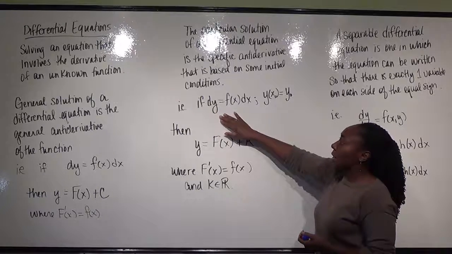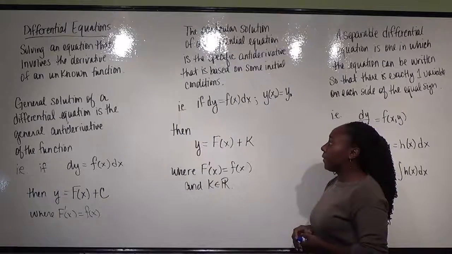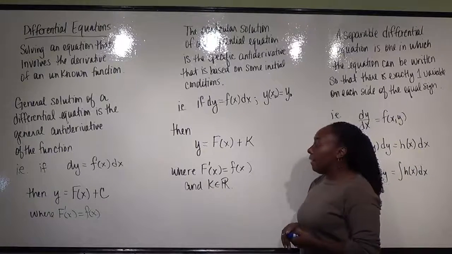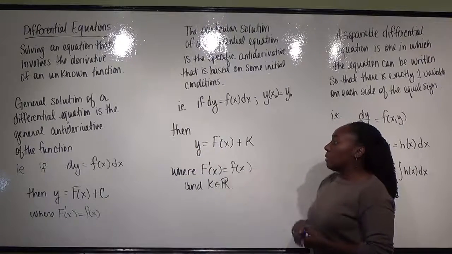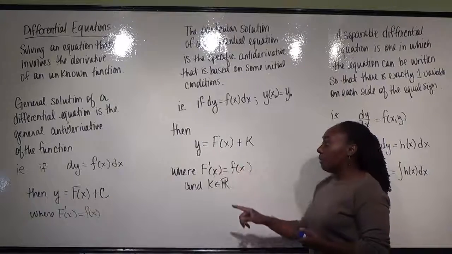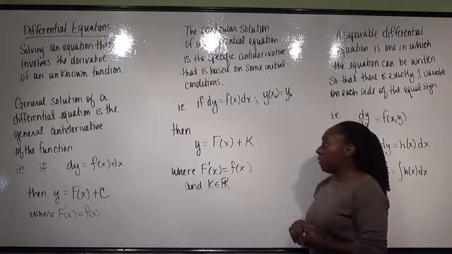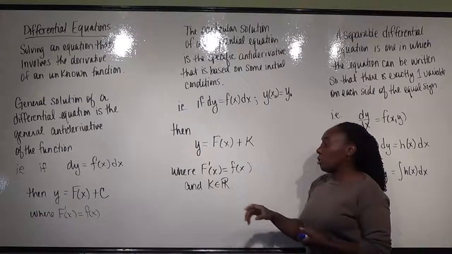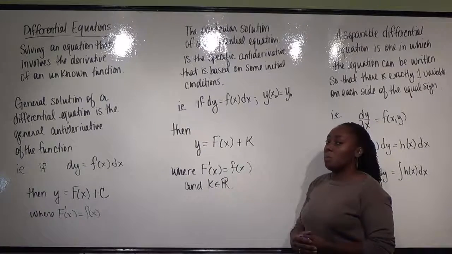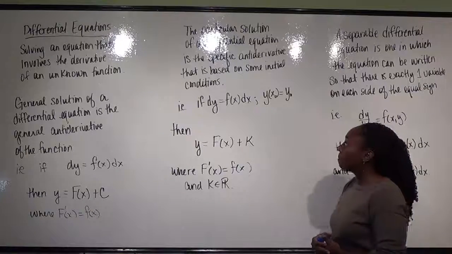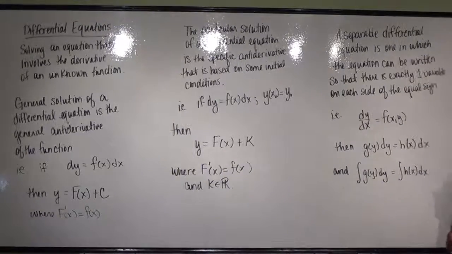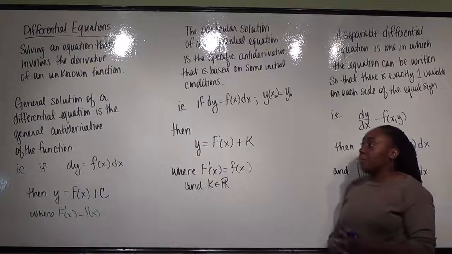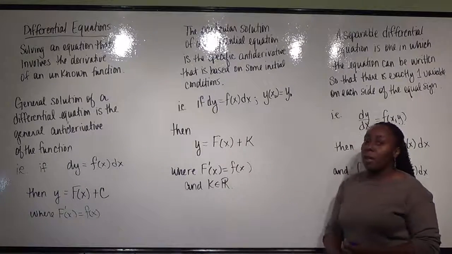So if I know that dy is equal to f of x dx, where y of x naught is equal to y naught, then y equals capital F of x plus k, capital F of x again being our antiderivative, but k being a specific value based on these initial conditions. And that k is going to come out to be some real number. Okay? So all of the derivatives or antiderivatives that we've done up till now fall into one of these two categories.